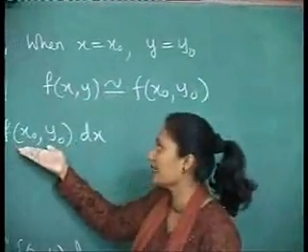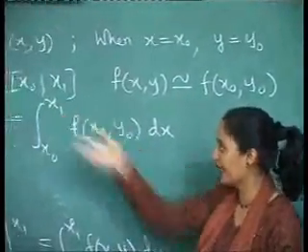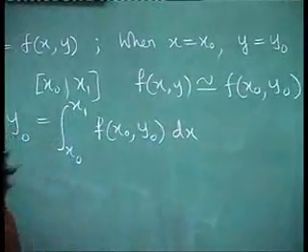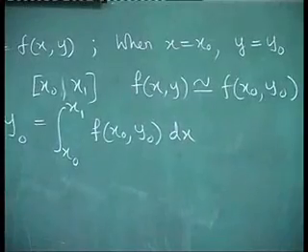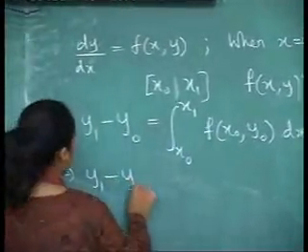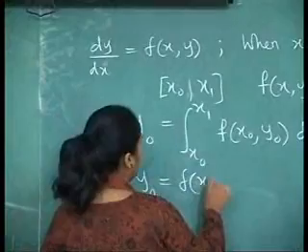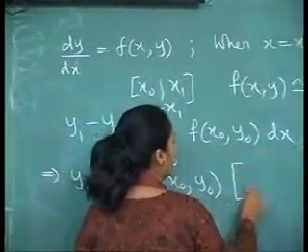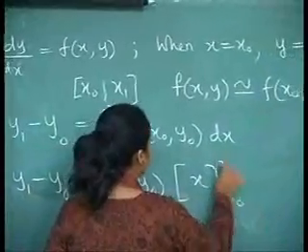Now this is a constant, so let's take it outside the integral. So we get y1 minus y0 equal to f at x0, y0 times the integral of 1 dx. Integral of 1 dx is x.